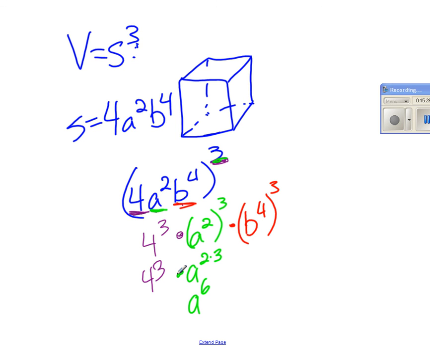And then our red term here, b: is this different from a? No, so we do the same thing. This is going to be b to the 4 times 3, and 4 times 3 is 12. We're going to bring down our 4 to the 3rd here. And that's it.